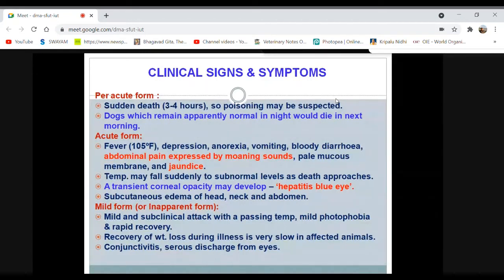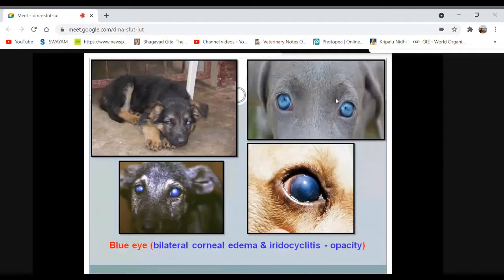Then there may be conjunctivitis, some serous discharge from the eyes. So this is the one very typical for infectious canine hepatitis: bilateral corneal edema or iridocyclitis, leading to corneal opacity and giving a blue eye coloration.